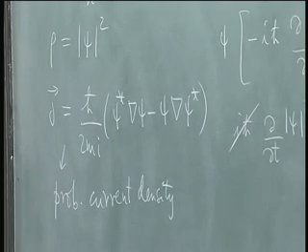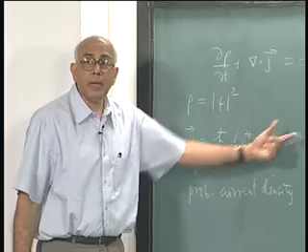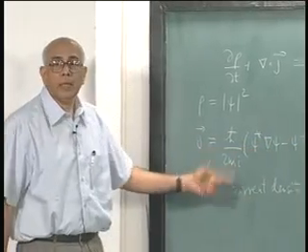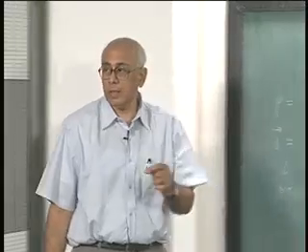It is a real quantity because it is this complex number minus its complex conjugate divided by 2i. So it is in fact a real quantity, it is the imaginary part of psi star grad psi essentially.